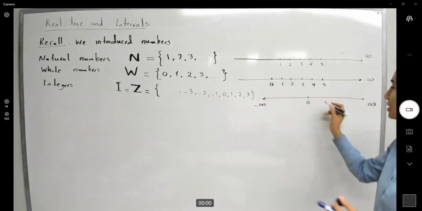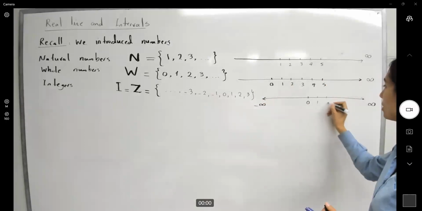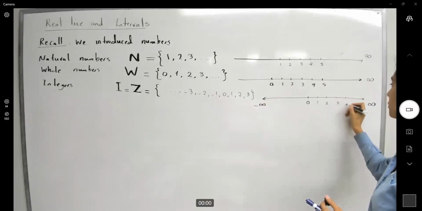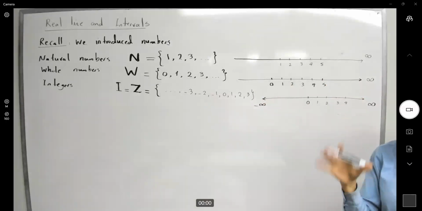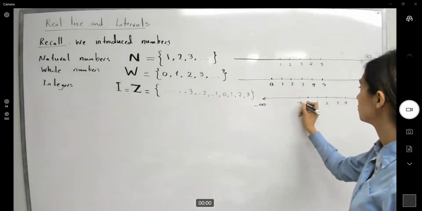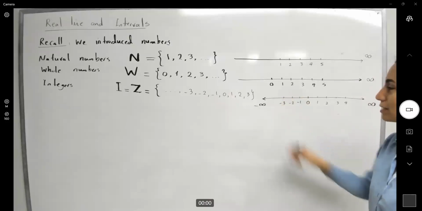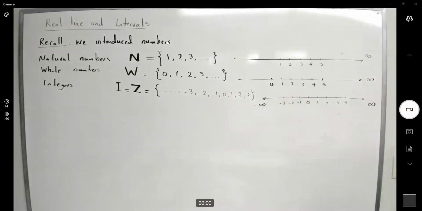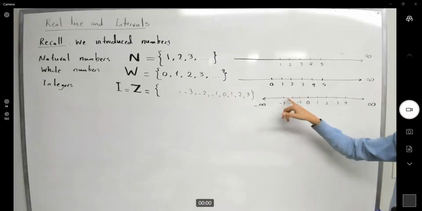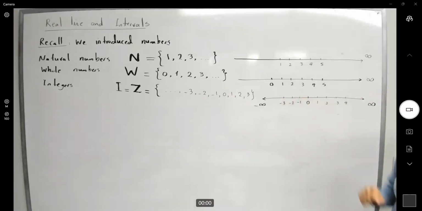Some positive numbers, 1, 2, 3, 4, and on the left-hand side some negative numbers, -1, -2, -3, -4, and so on. Again, we still have gaps between these numbers. We cannot take a half. A half is not an integer.